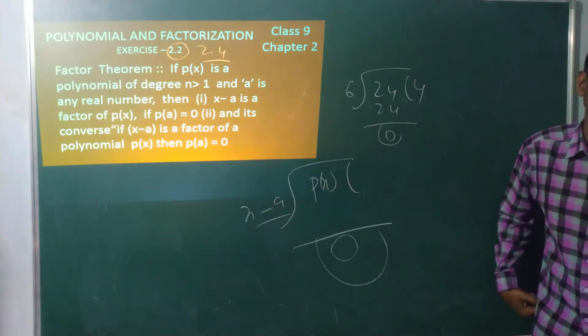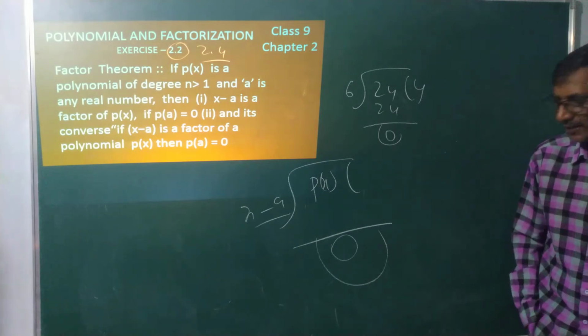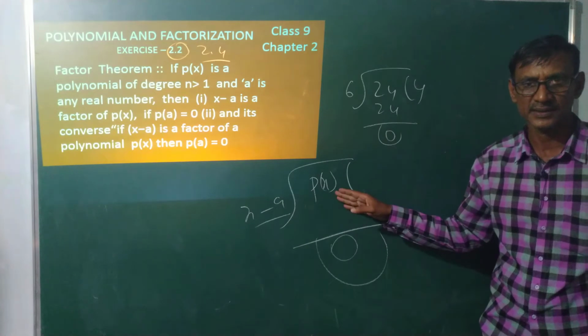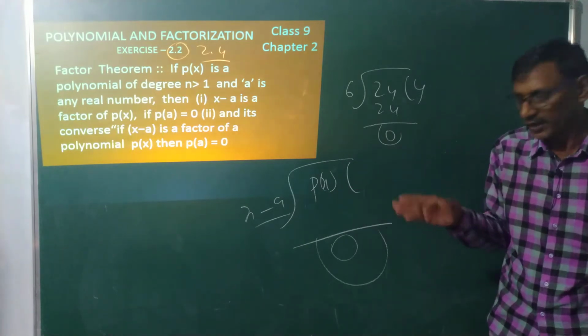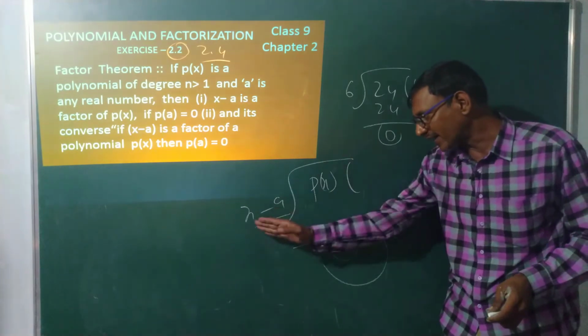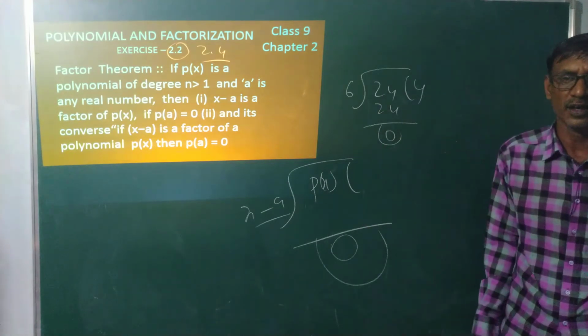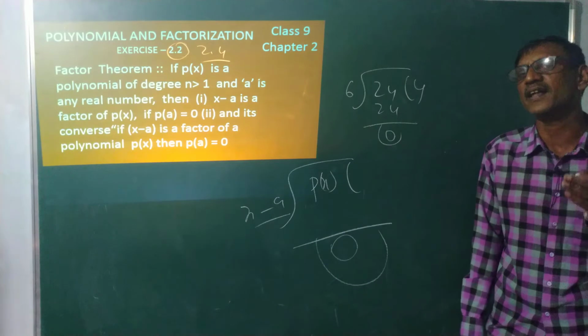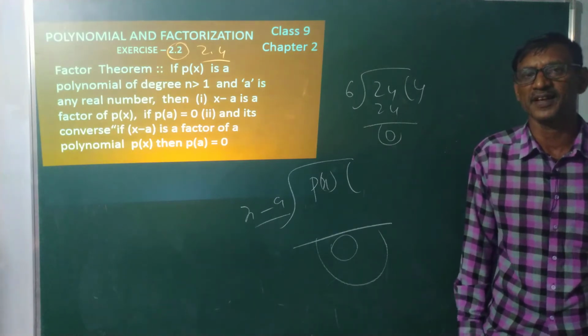That's my concept here. Am I clear on it? If we get 0, then x minus a is a factor of p of x, where p of x is any polynomial of degree greater than or equal to 1. That is very, very clear.